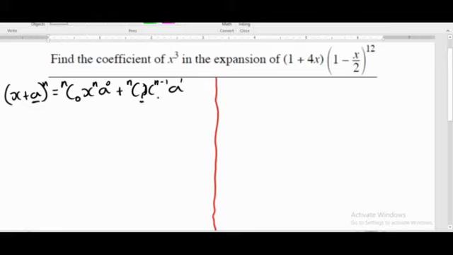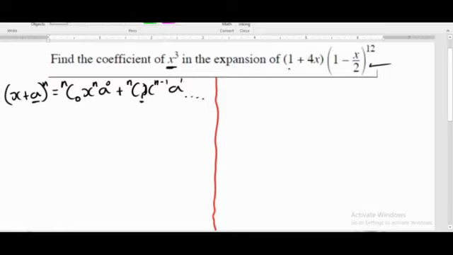So this is 1 and this is 1. It continues that way until you get to the last term where a is raised to the power of n. But in this particular question, you don't need to expand this completely. You just go straight to the values in the expansion that will give us x raised to power 3.